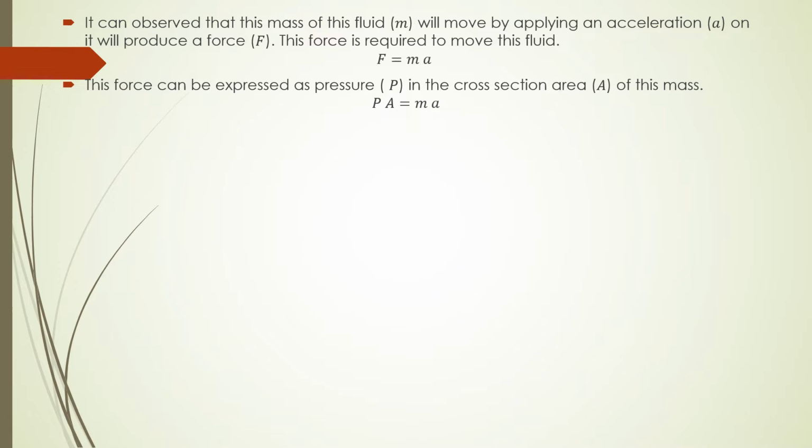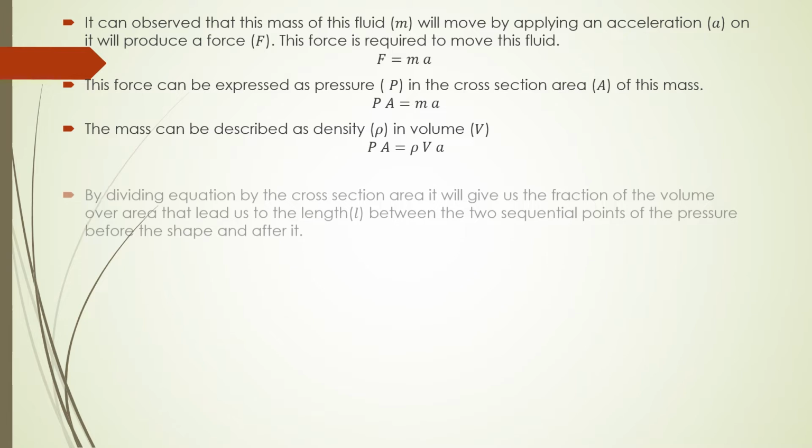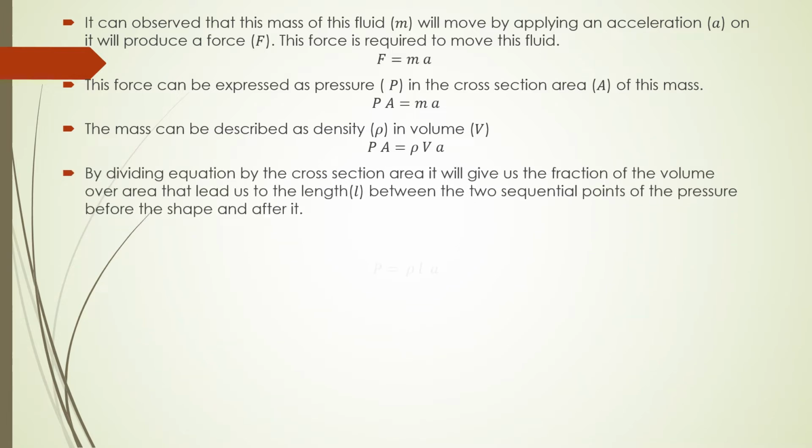Then if we express the mass as density multiplied by the volume, it will be pressure multiplied by the area equals the density multiplied by the volume multiplied by the acceleration. If we divide the equation by the cross-sectional area, it gives us the fraction of the volume over area, which leads us to the length between the two sequential points of the pressure before the shape and after it. So the pressure will be the density multiplied by the length multiplied by the acceleration.